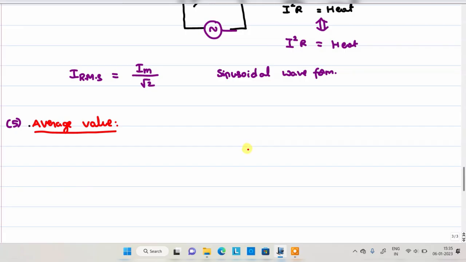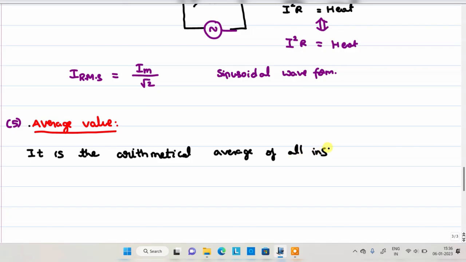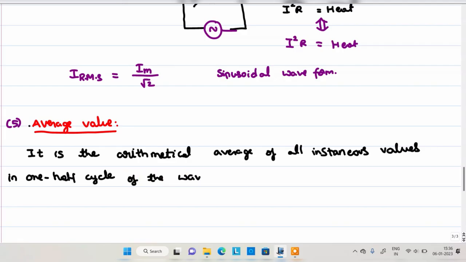The average value is nothing but the arithmetic average of all instantaneous values in one half cycle of the waveform. That is the average value.